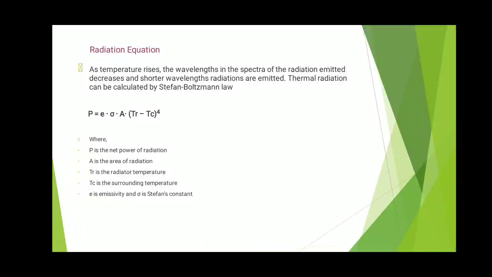The equation is P = E × σ × A × (Tr⁴ − Tc⁴), where P is the net power of radiation, A is the area of radiation, Tr is the radiator temperature, Tc is the surrounding temperature, E is emissivity, and σ is Stefan's constant.